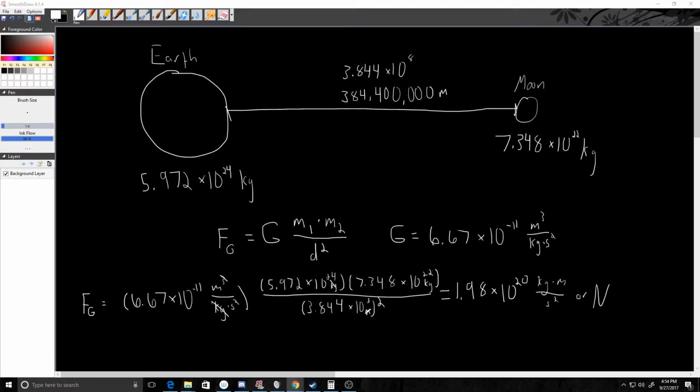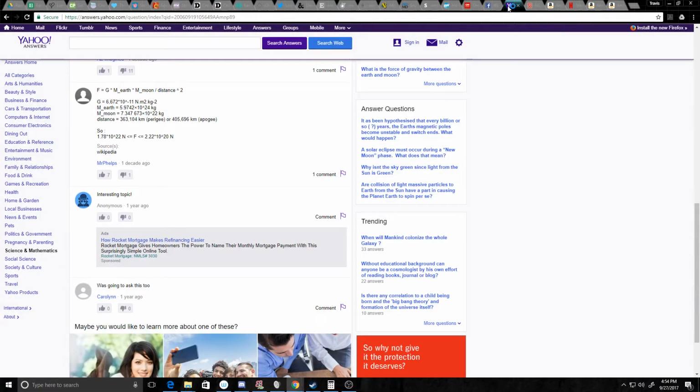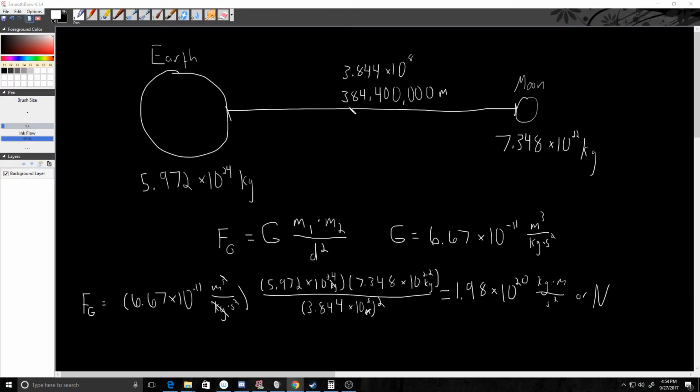So if I bring Yahoo Answers over, put that there, okay. They use 6.672 times 10 to the negative 11th. They use 5.97 times 10 to the 24th. Mass are the same. The distance they use, 363,000 kilometers. So their distance was actually even a little bit smaller.